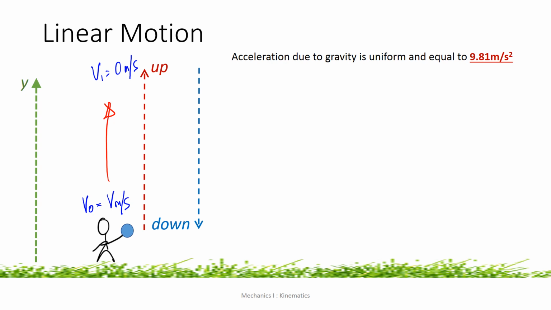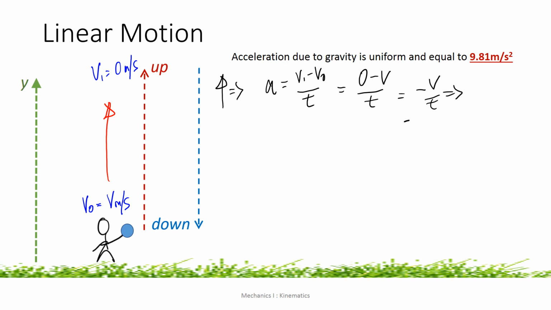Now, let us analyze the upwards direction. Acceleration is equal to final velocity minus initial velocity divided by time. Now, take a look at this. Based on this stage of motion, what is the final velocity? Obviously it is 0. Initial is v along with time. So we get a negative v over t, which implies that the acceleration is negative.